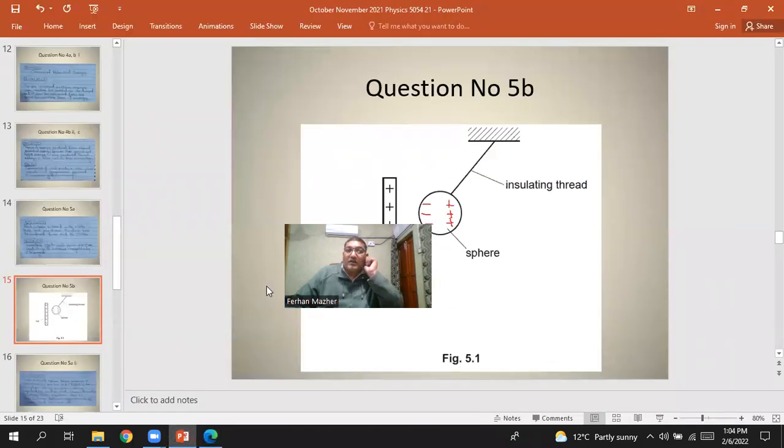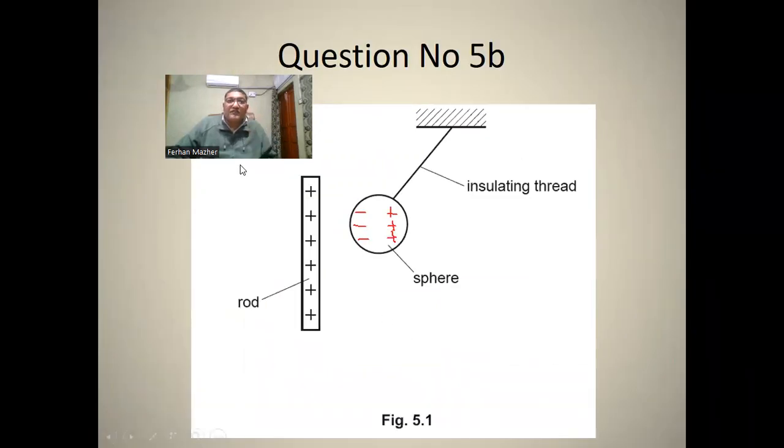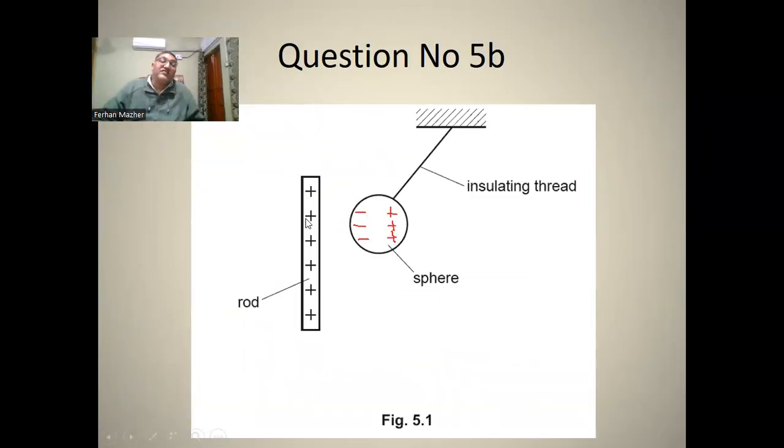So try to understand from the diagram. You see this sphere is attracted to this rod. Why? Because this left end is negative. This negative and this positive have electrostatic attraction with each other. The right end of the sphere is positive and this rod is also positive. They both have electrostatic repulsion with each other.